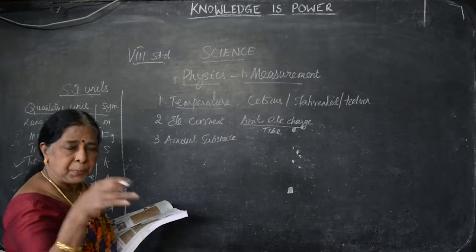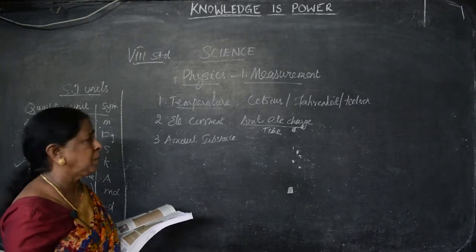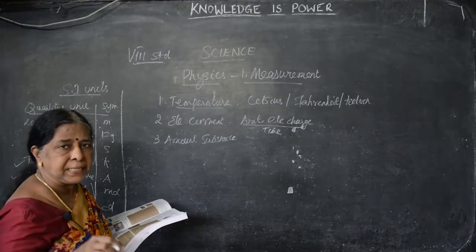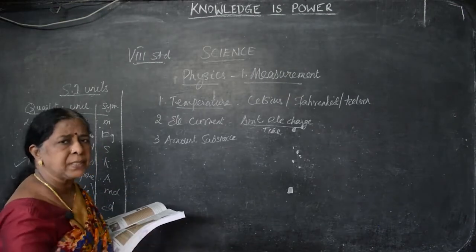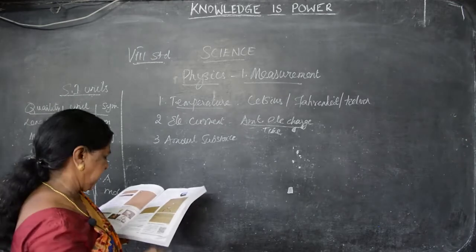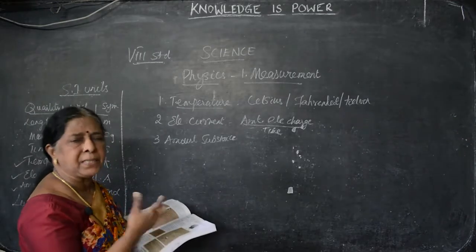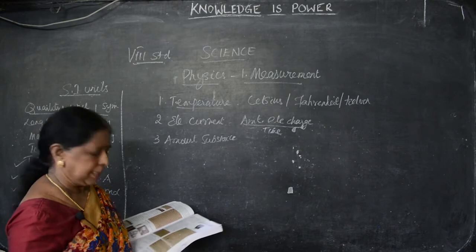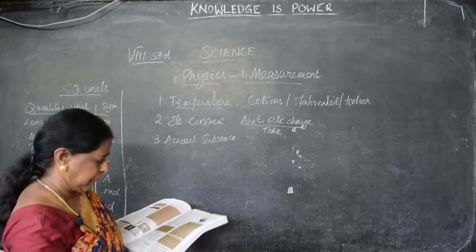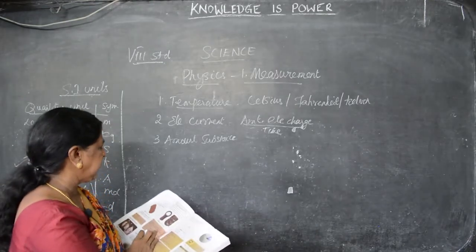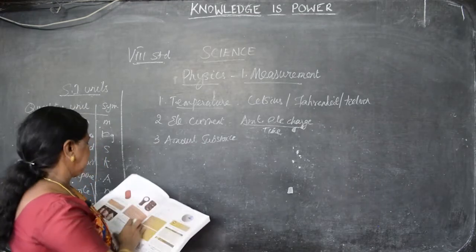Entities means the ingredients, what is present in it, whether atom, molecule, electron, proton, neutron, whatever it may be. That entity count is known as amount of substance.